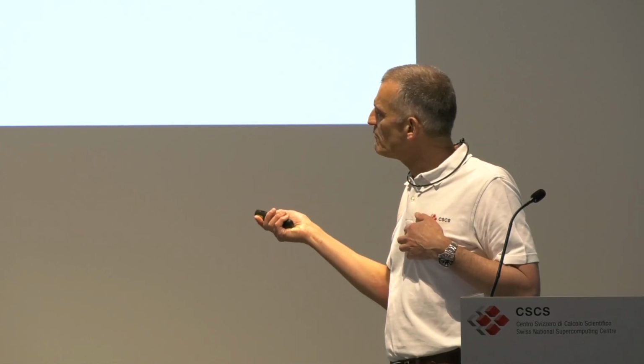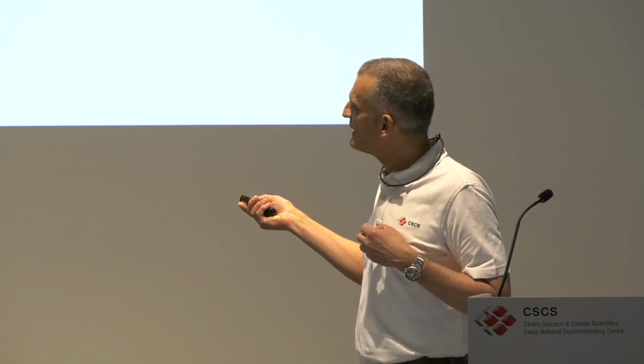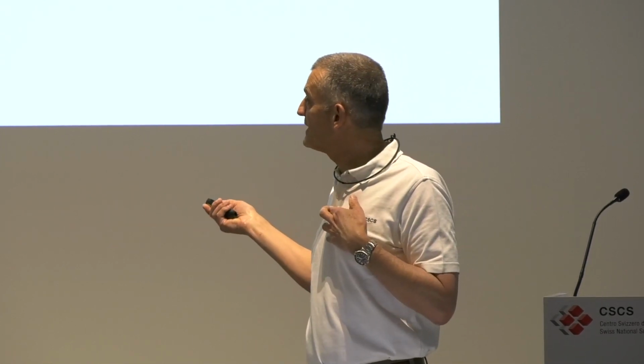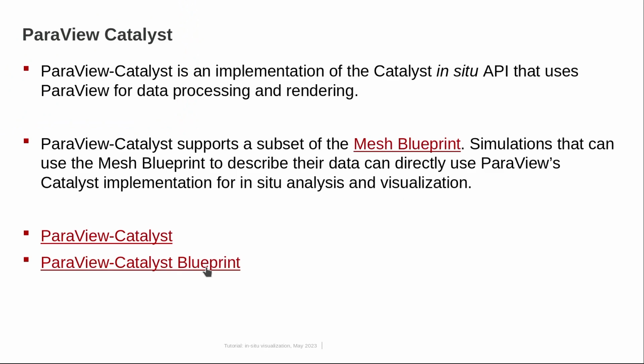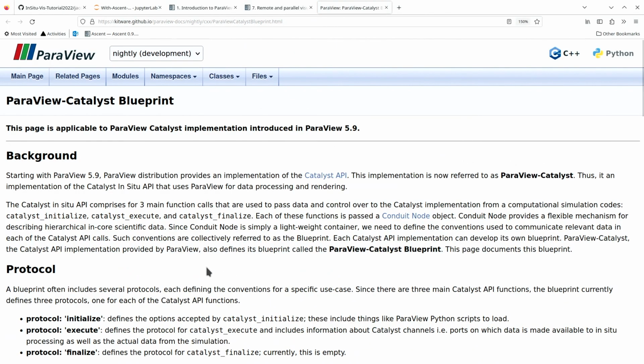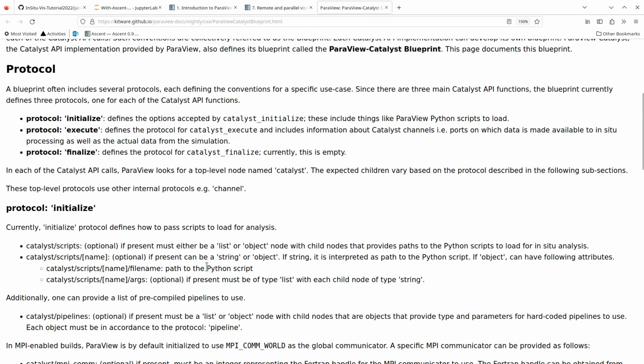I've got a couple more pointers here about ParaView Catalyst itself, and then because ParaView Catalyst also uses Conduit for its API, we need a blueprint. This way we are sure to speak the same language. So a blueprint for Catalyst is just like the blueprint for meshes.